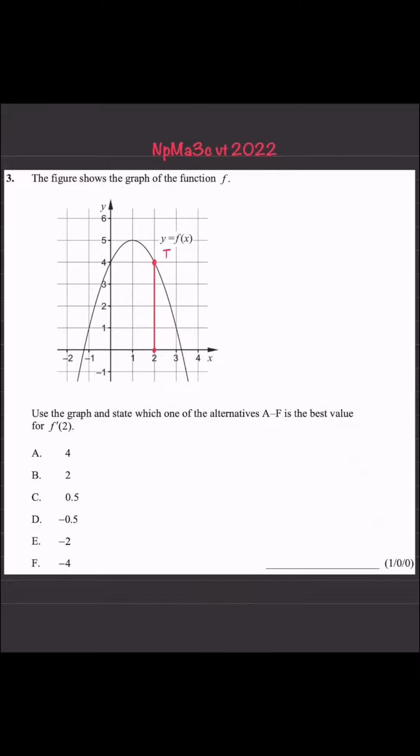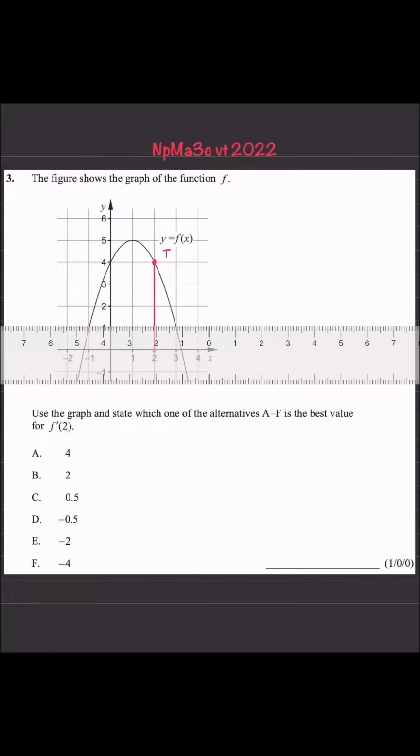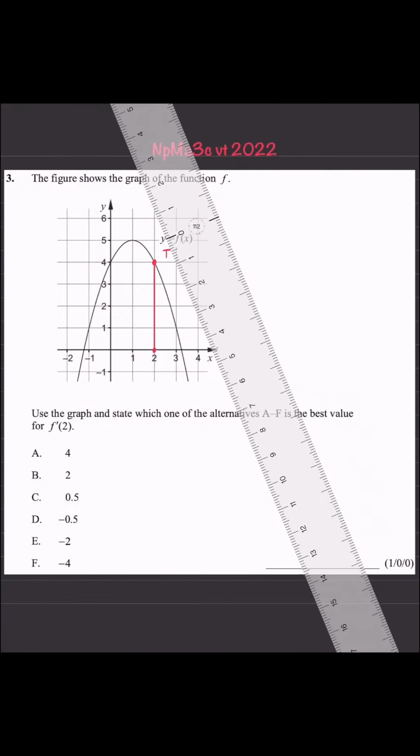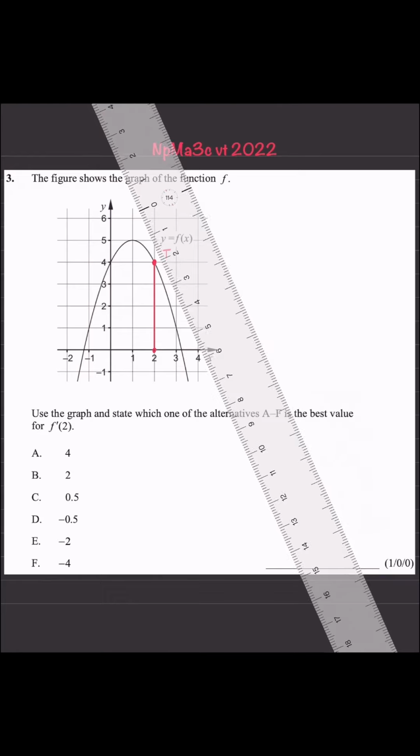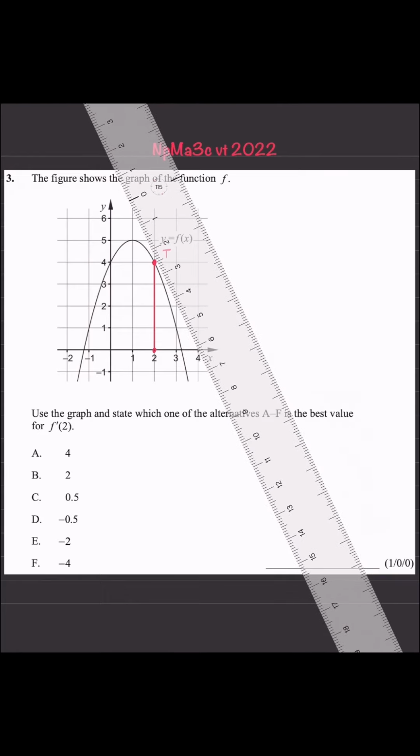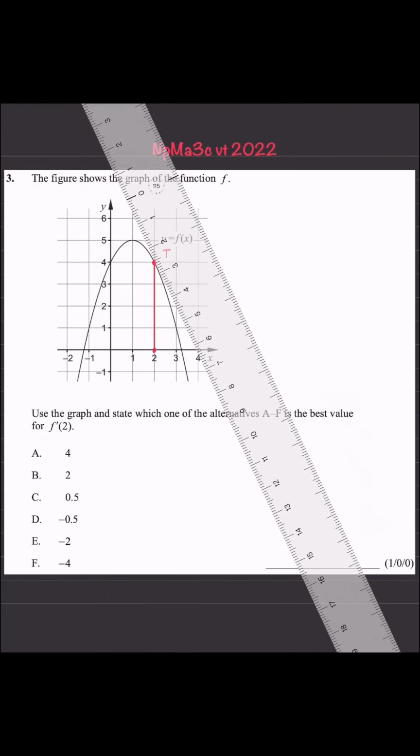Whatever that number is, that number will be equal to f prime of 2 according to what we learned during this lesson. To understand that, I will take my ruler and do my best to draw the tangent line as accurately as possible to the curve at the point T.